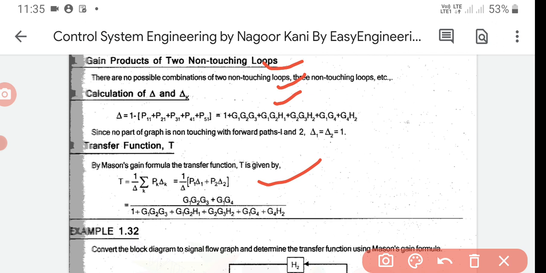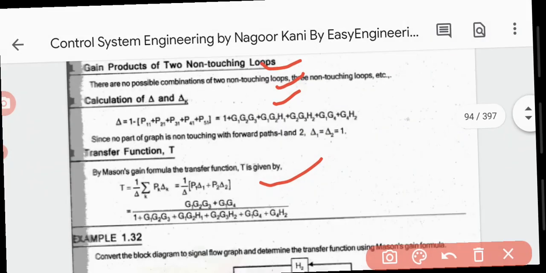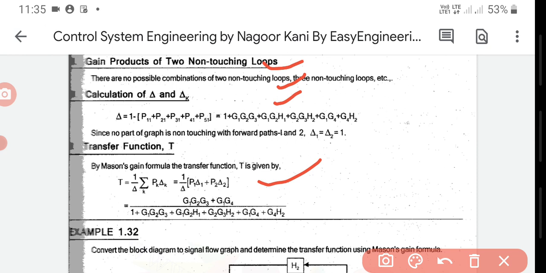Now mention the delta value: 1 plus G1 G2 G3 plus G1 G2 H1 plus G2 G3 H2 plus G1 G4 plus G4 H2, into P1 delta 1 plus P2 delta 2. P1 value is G1 G2 G3, delta 1 value is 1, P2 value is G1 G4, delta 2 value is 1. So this is the final transfer function, the overall gain of the given block diagram.